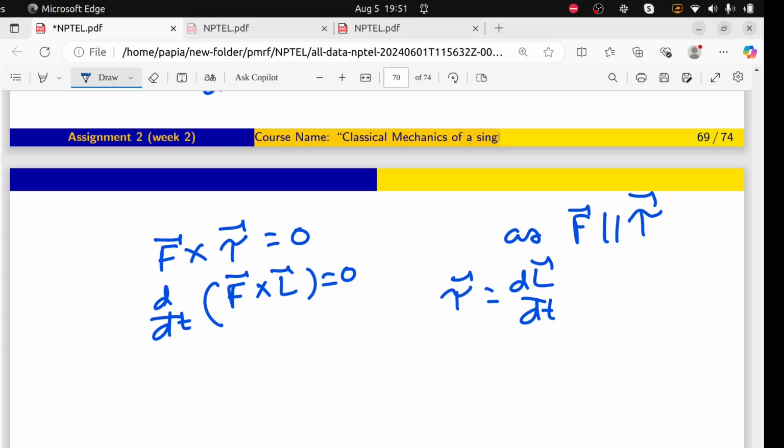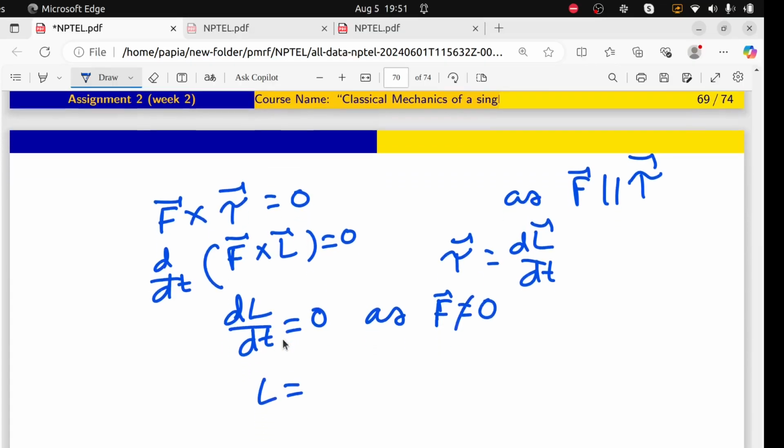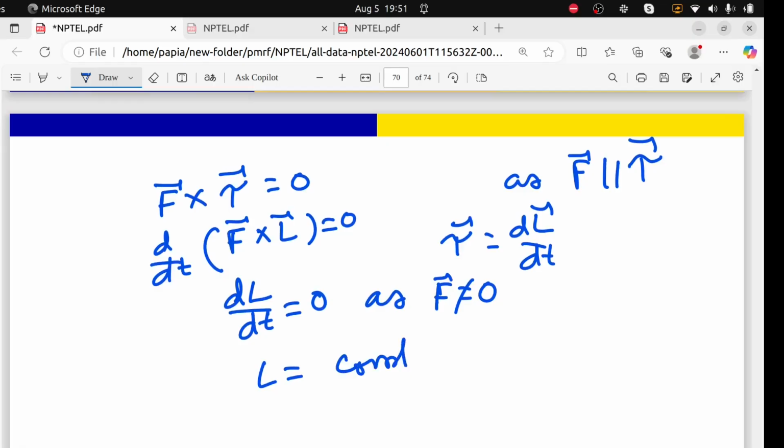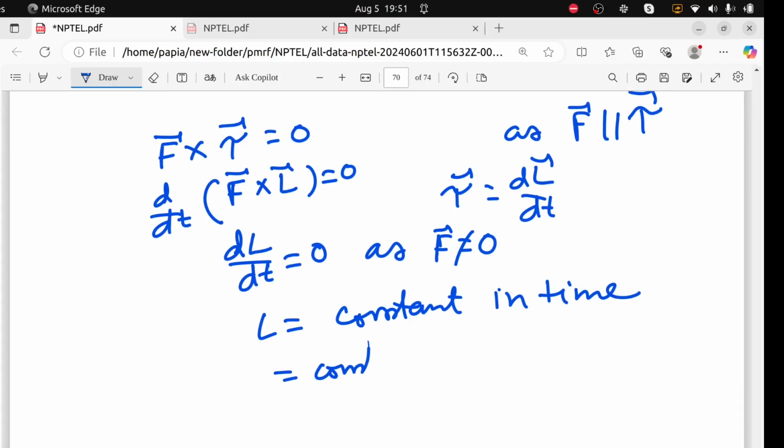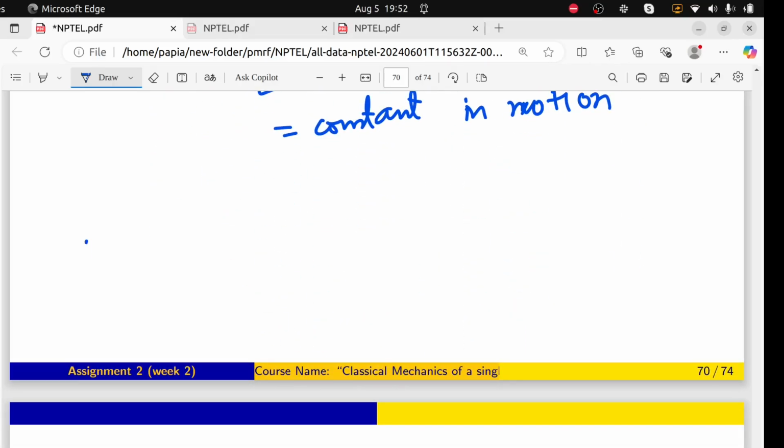So now I can write here dL/dt is 0 as F is not 0. So L is constant in time. That means I can write here constant in motion. So L is what? Angular momentum.